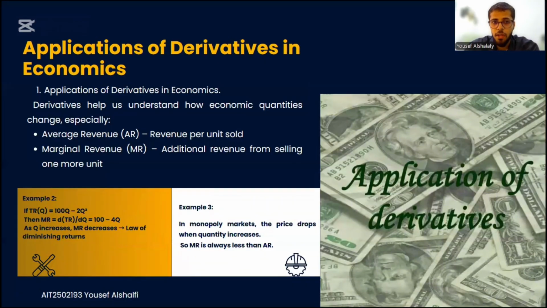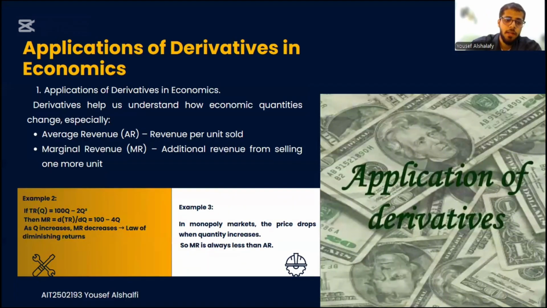So it is going to be equal to 100 minus 4Q, where Q is quantity. And we see here that the quantity is increasing while the marginal revenue is decreasing. This means that the marginal revenue decreases as the company produces and sells more.